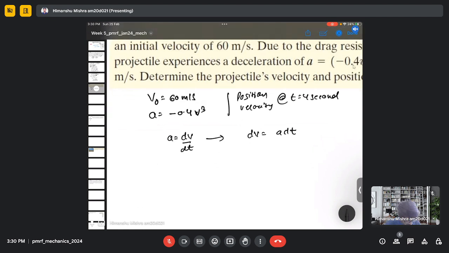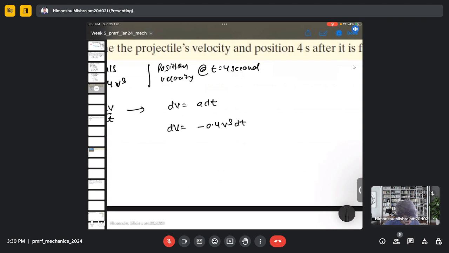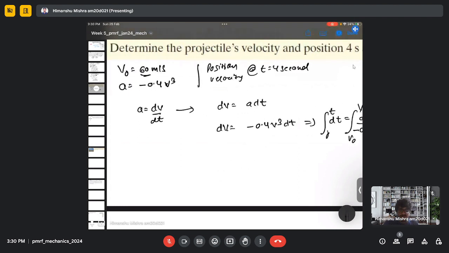So it will be dv equals minus 0.4 v cube dt. So I can further simplify to dt equals dv by minus 0.4 v cube. So now I can integrate it from 0 to t, and here from v naught to v. We are given the value of v naught, which is 60.